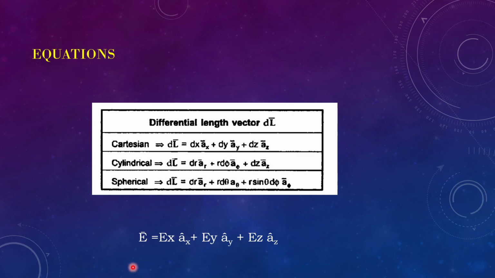If a cylindrical system is given, then dl bar is equal to dr ar plus r d phi a phi plus dz az. And if a spherical system is given, dl bar is equal to dr ar plus r d theta a theta cap plus r sin theta d phi a phi cap. All these equations we know. We just have to take the dot product of this equation with whatever E they have given in terms of an equation.